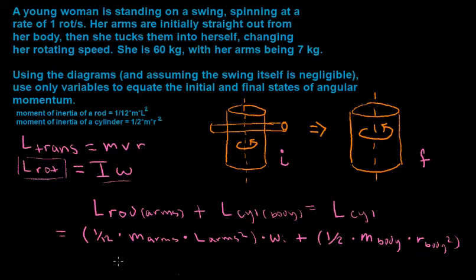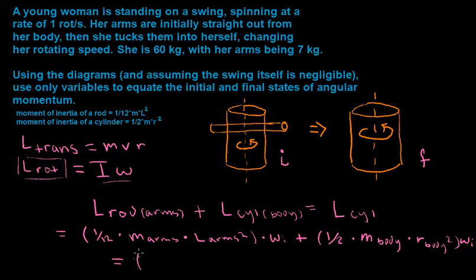And then this will all be equal to, this was all just the initial state. Oh, we forgot, times the angular velocity, the initial angular velocity of this initial state. And these are actually the same initial velocities. But anyways, this is all going to be equal to the final state, which is all one big cylinder.